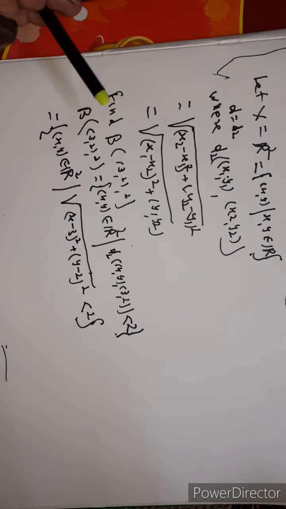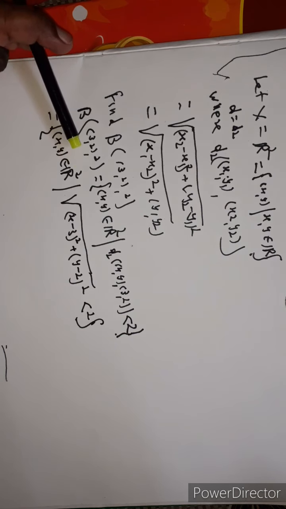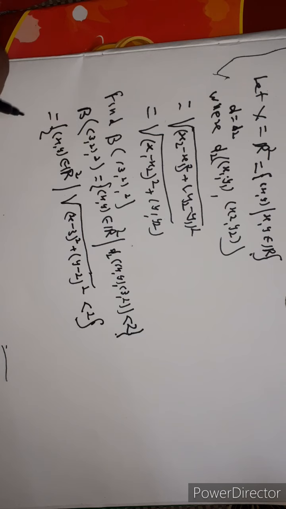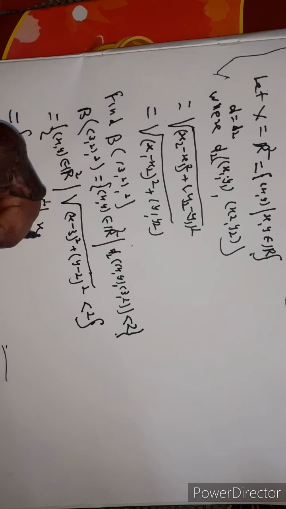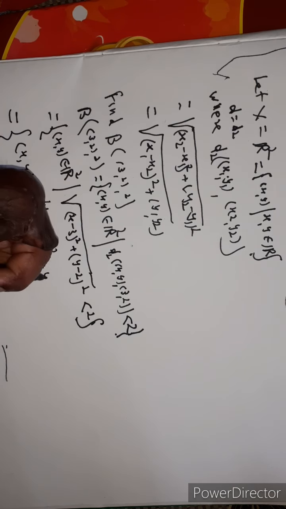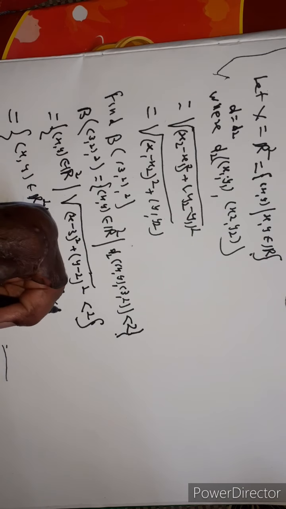Therefore, this open ball consists of all the points (x, y) in R2 such that the square root of (x minus 3) square plus (y minus 2) square is less than 2. That is, it is the set of (x, y) belonging to R2 such that (x minus 3) the whole square plus (y minus 2) the whole square is less than 4.